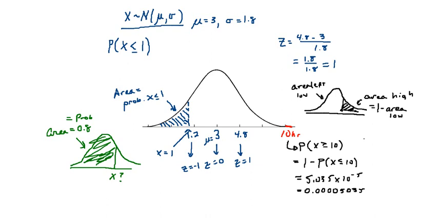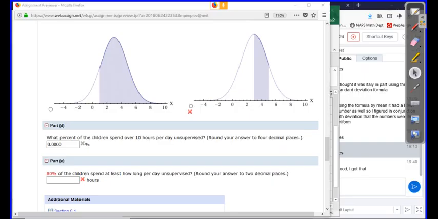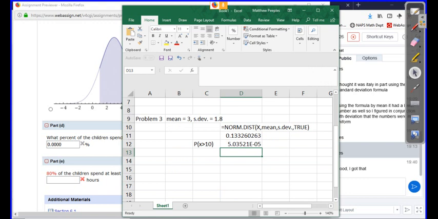There's another command that we can use. We know that the probability that x is less than some other given value of x, which we don't know, equals 0.8 already.